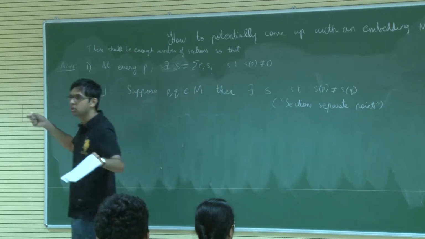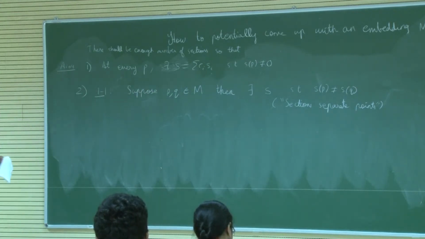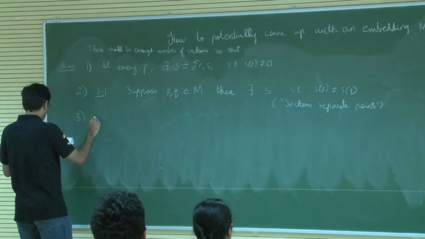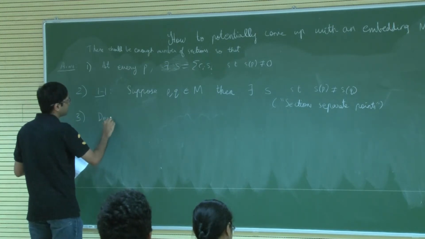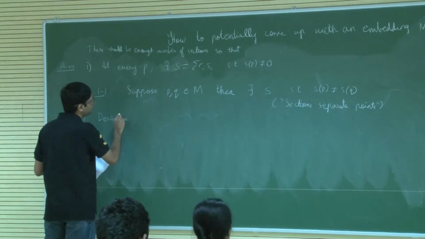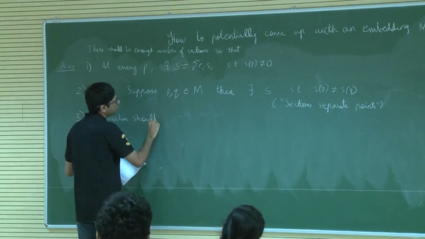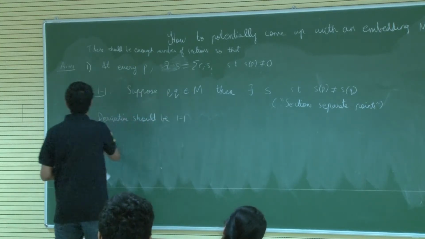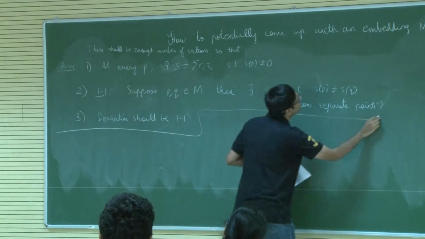You have a section that distinguishes them, right? And the derivative should be injective. This is a more painful thing to write. Okay, so this is what we want to be able to do.